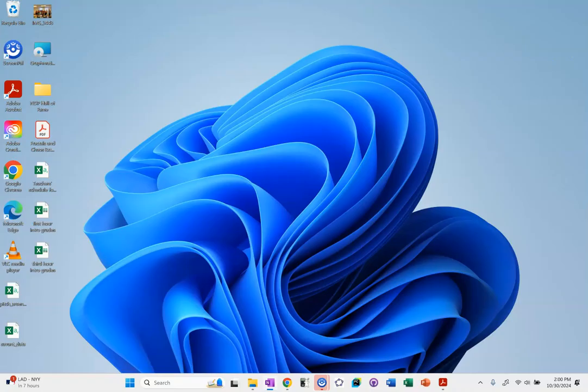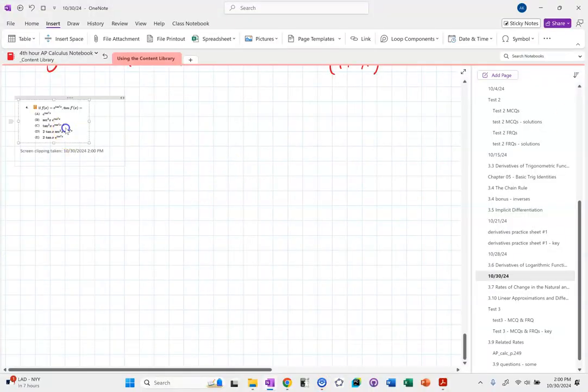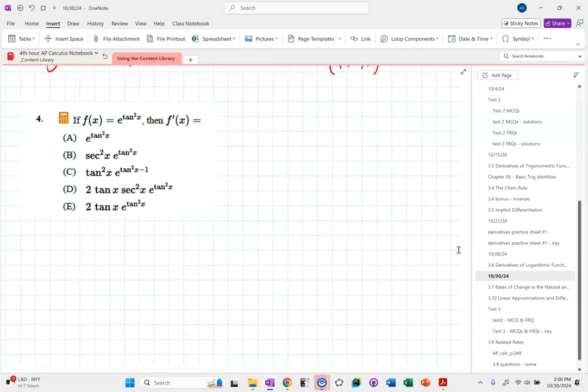When you look at number 4, what I see is two chain rules, right? The outermost function is e to the x, the middle function is x squared, and the innermost function is tan x. So that's what you would want to see.